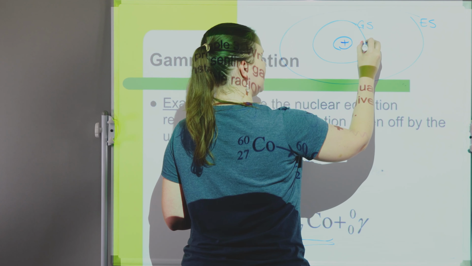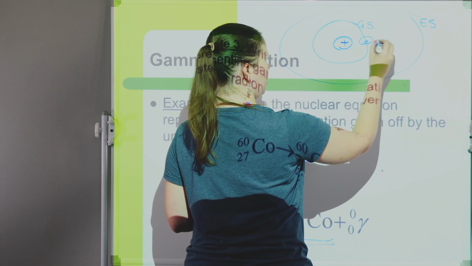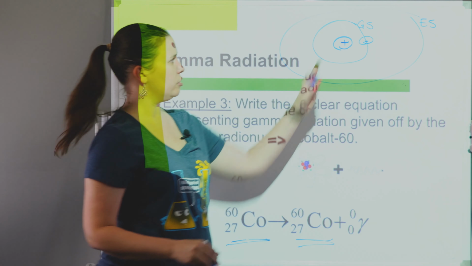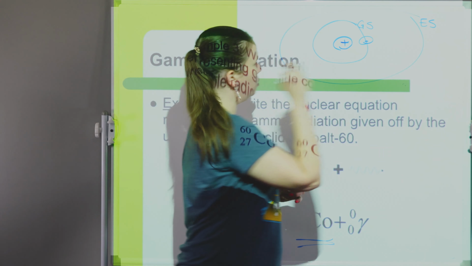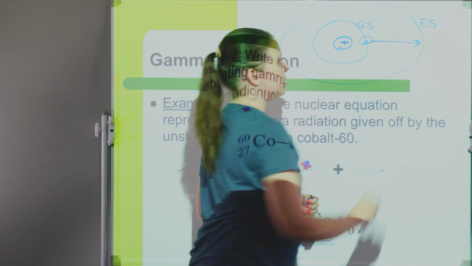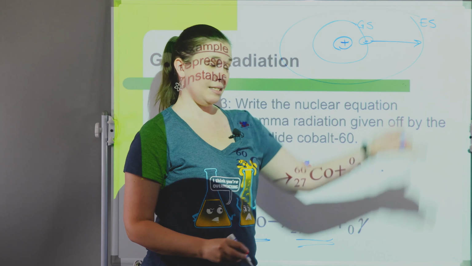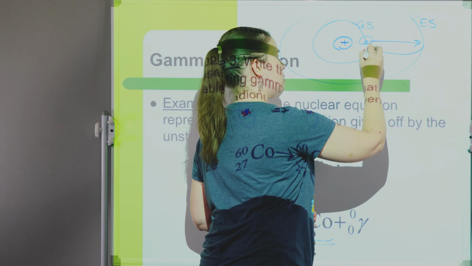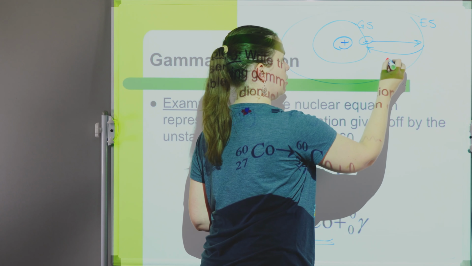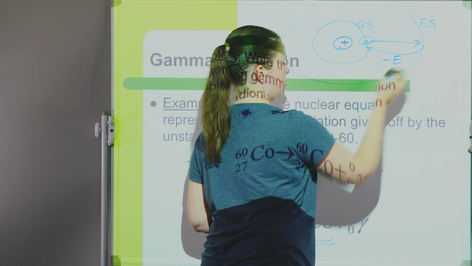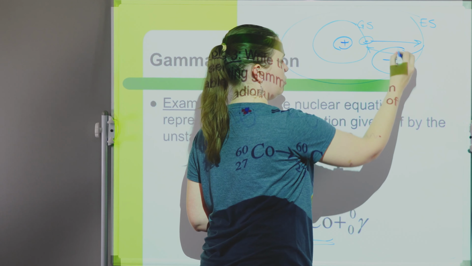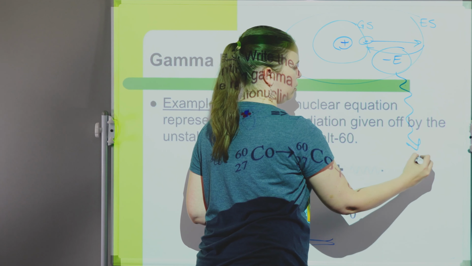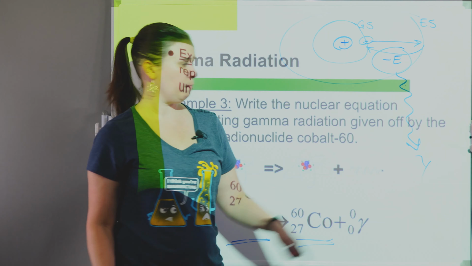The electrons liked to be in the ground state. According to Aufbau's principle, they hang out in the lower energies, but then we could excite them. It's not going to stay there, again because of Aufbau's principle, and so it's going to return back to the ground state. In order to go from excited state to ground state, there has to be a loss of energy.